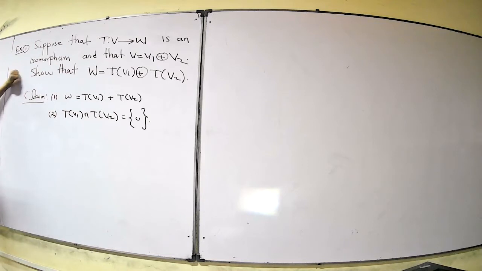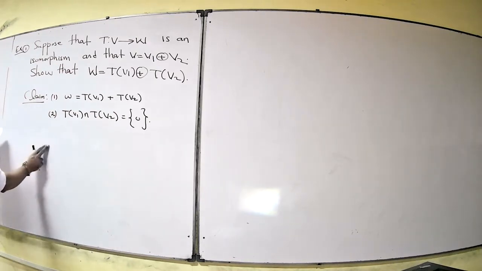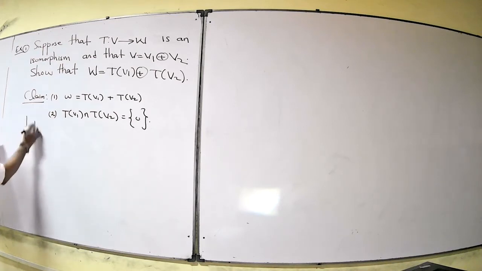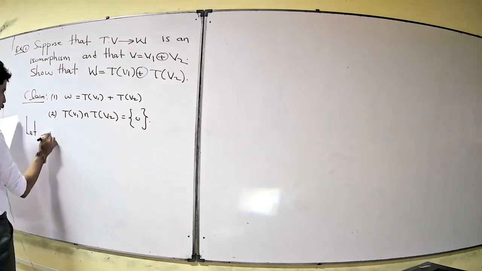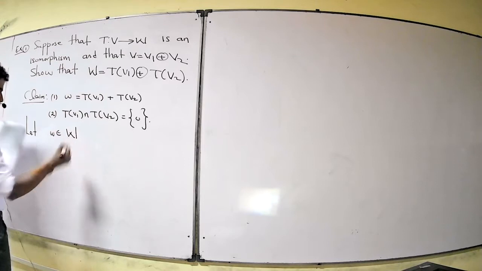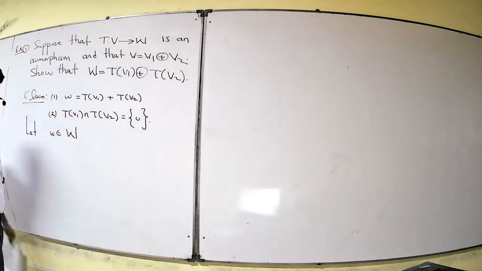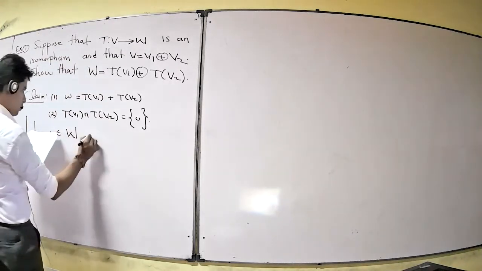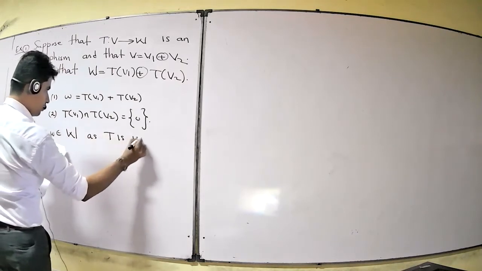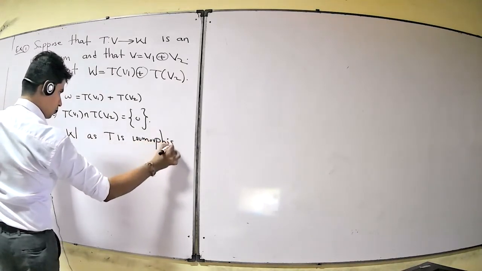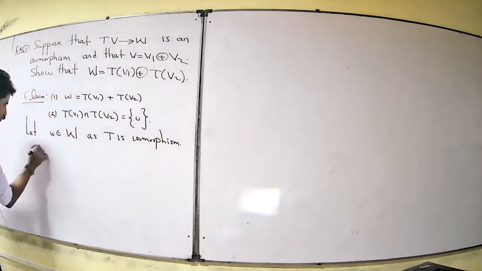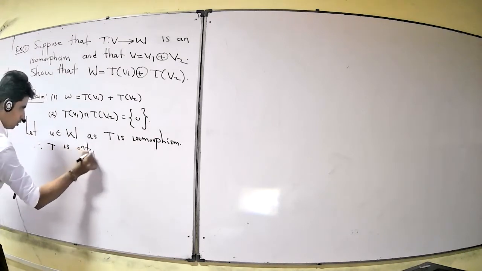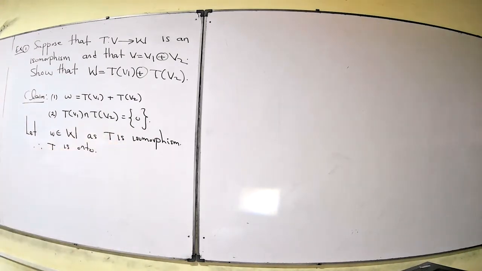Now, first, let you take one of the arbitrary elements w belonging to capital W. As T is an isomorphism, T is onto.